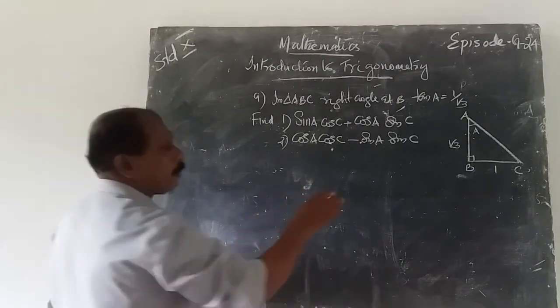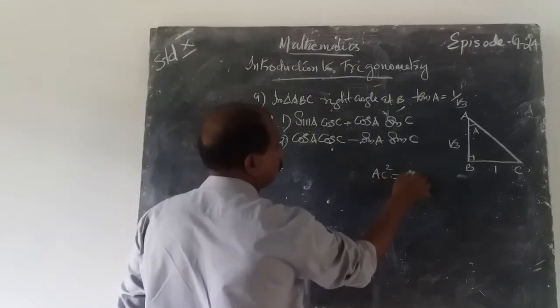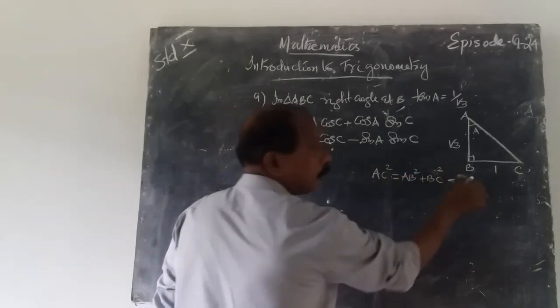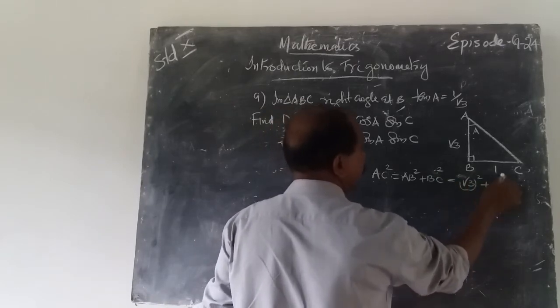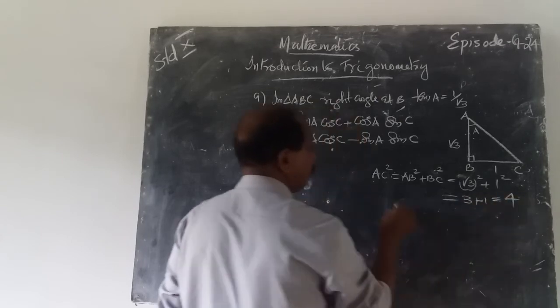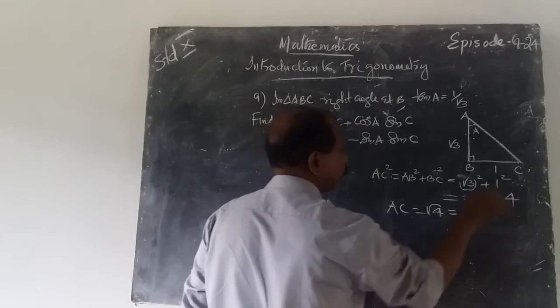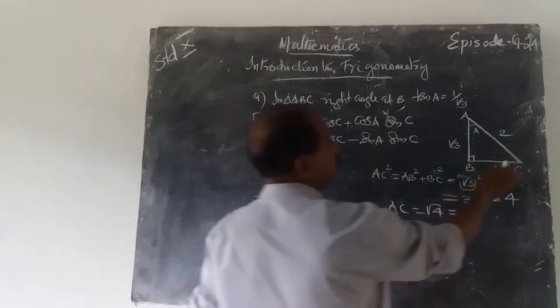Then we can find AC square is equal to AB square plus BC square is equal to root 3 square plus 1 square. What is root 3 square? 3 plus 1 is equal to 4. Therefore, AC is equal to root 4 is equal to 2. Okay. Then this angle is C.